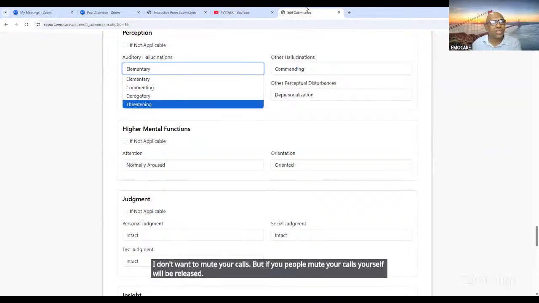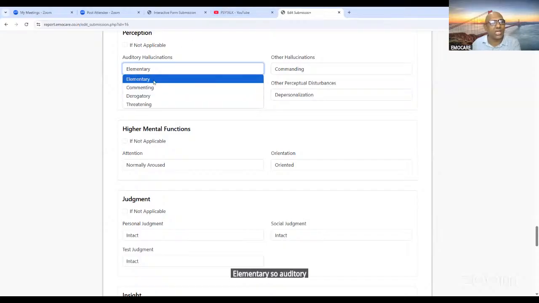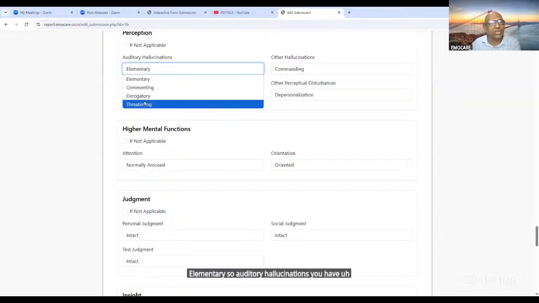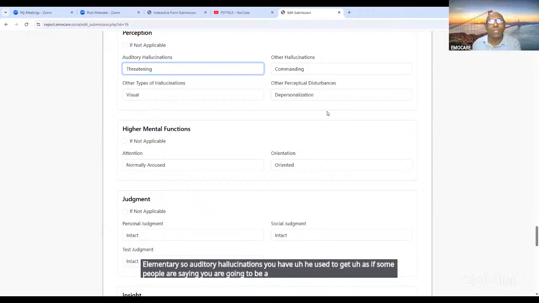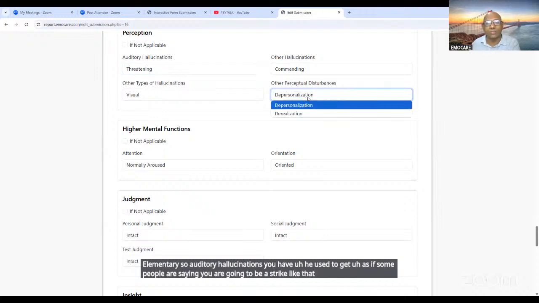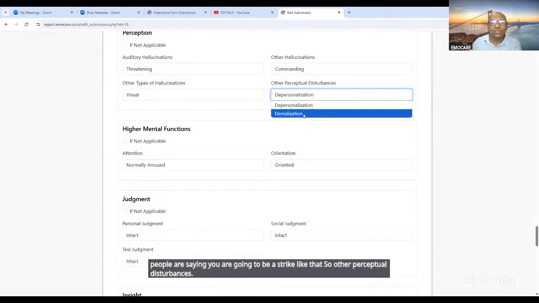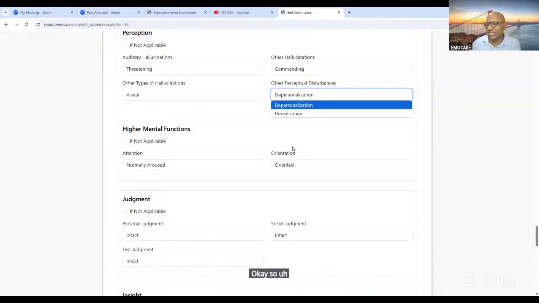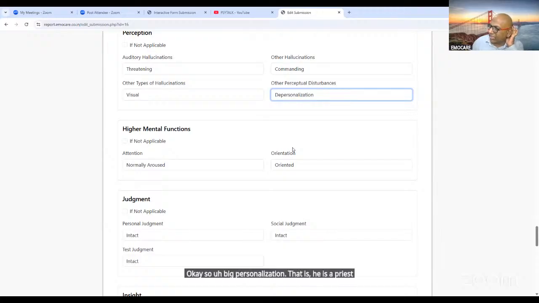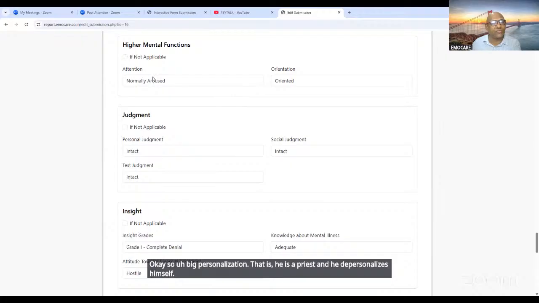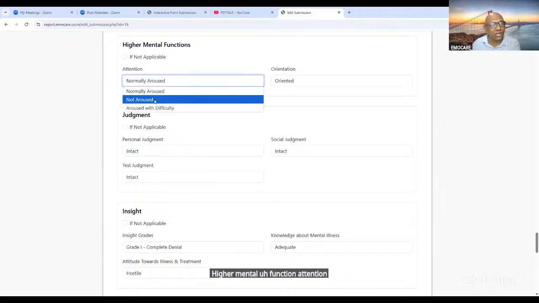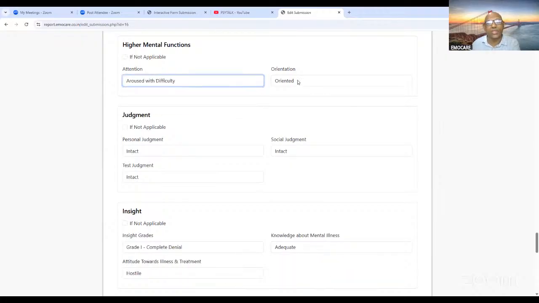Elementary. So auditory hallucinations, he used to get as if some people are saying you are going to be arrested. Other perceptual disturbances: depersonalization, he is a priest and he depersonalizes himself. Higher mental function, attention aroused with difficulty.